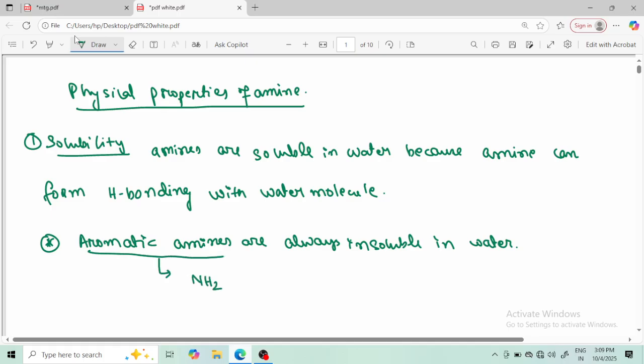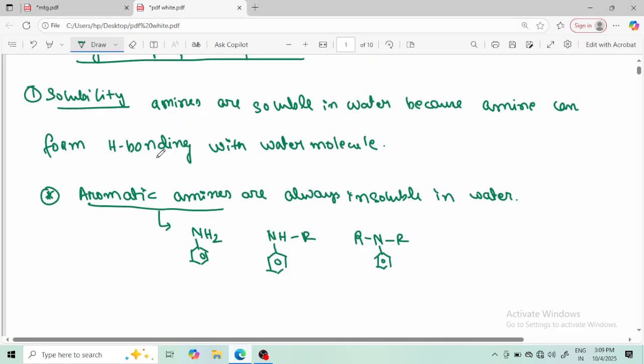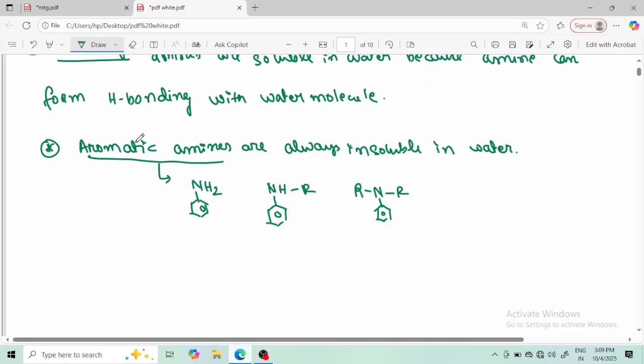If a benzene ring is connected to nitrogen, it can be this also, it can be this also, or it can be this also, where alkyls are connected, right? Clear? If a benzene ring is directly connected to nitrogen, then that thing will be insoluble, always insoluble.